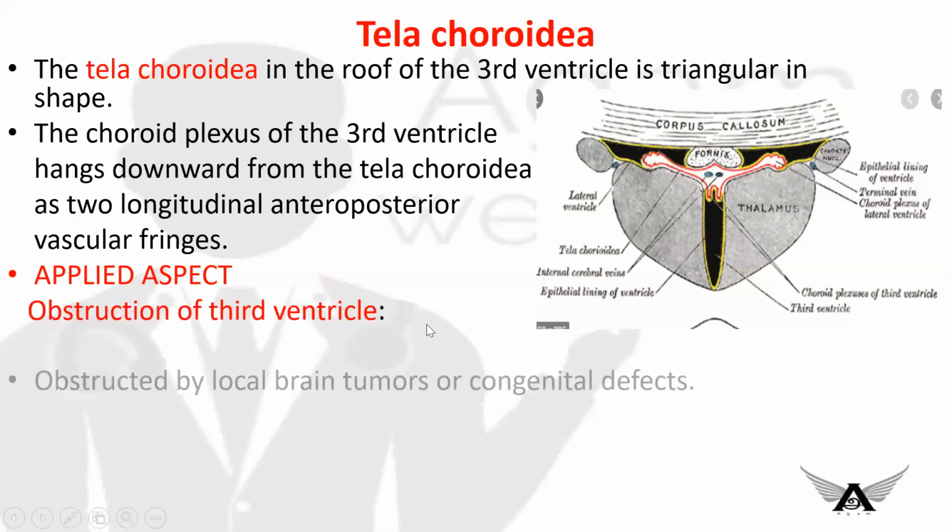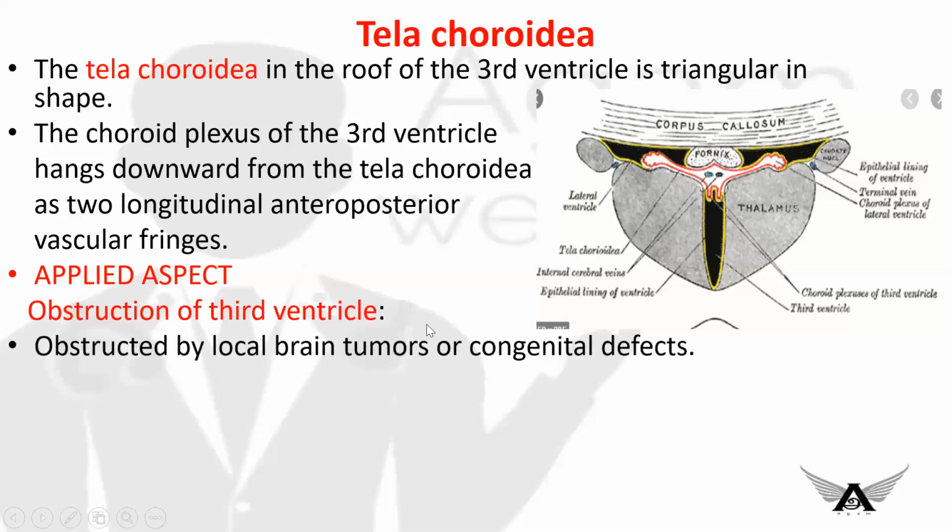Now the applied aspect. For every question, even if they didn't ask for the applied aspect, you have to write any one applied aspect. It will surely fetch you marks. Anatomy is so easy to study. What you need is a picture. It's a must for every question. Even if you didn't write something, if you draw some pictures, you will get some marks, not full marks, but some marks.